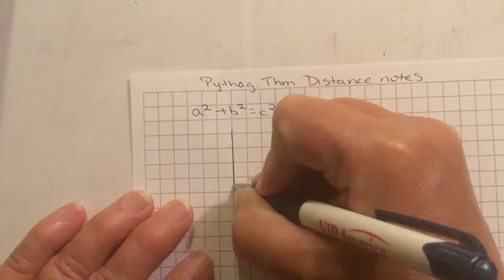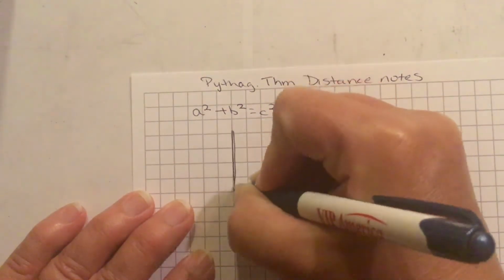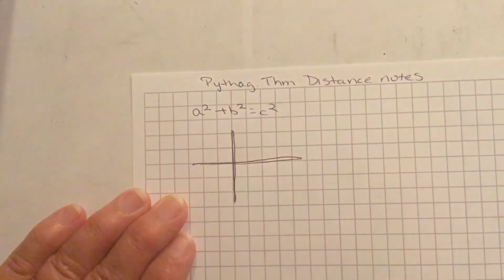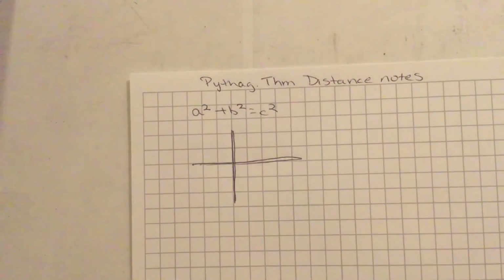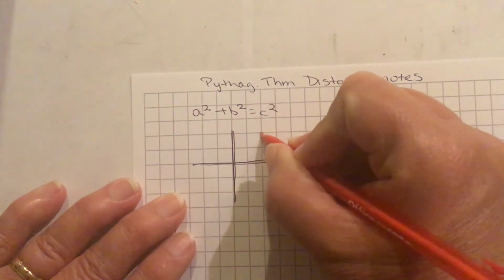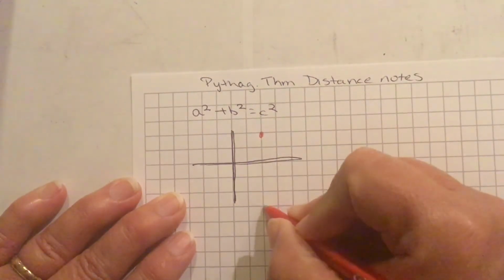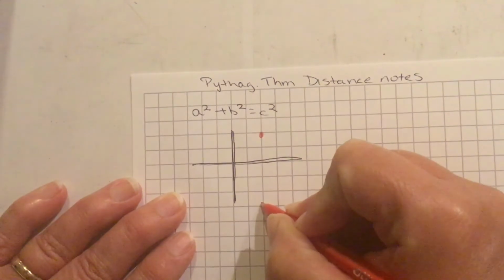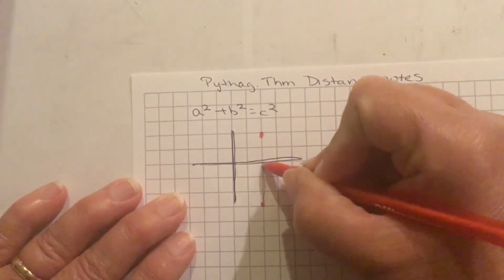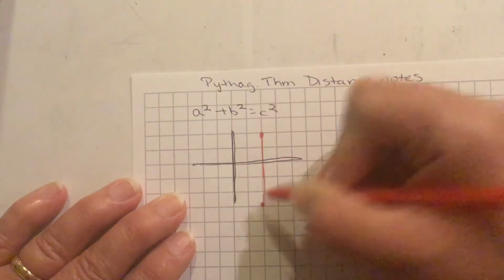I'm going to start off with a fairly small graph here. Oh, not very neat. Hopefully you're doing better. If you'll put a point on (2, 2), and a point on (2, -3), finding the distance between these 2 points is very easy.